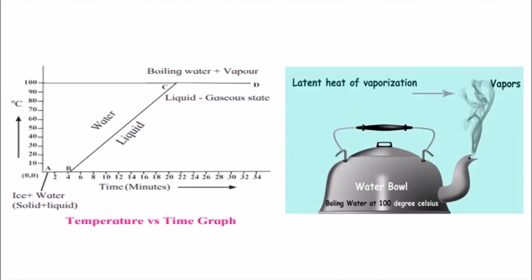At 100 degrees Celsius the water starts to convert itself into vapor. The heat energy absorbed at constant temperature by unit mass of a liquid to convert itself into the gaseous phase is called the specific latent heat of vaporization.